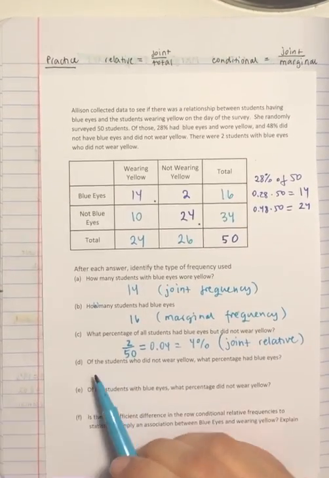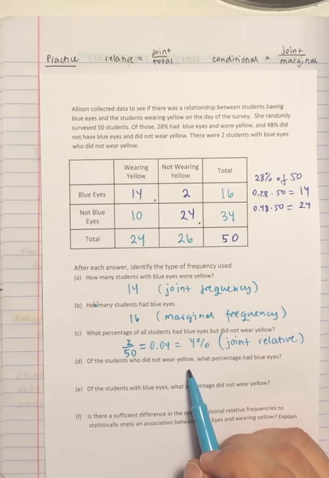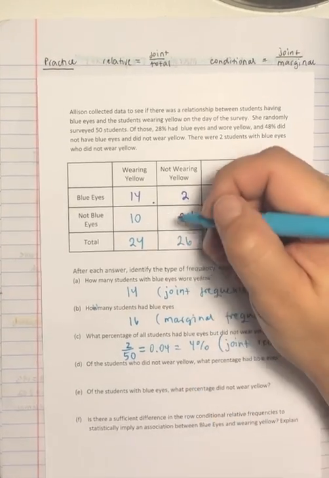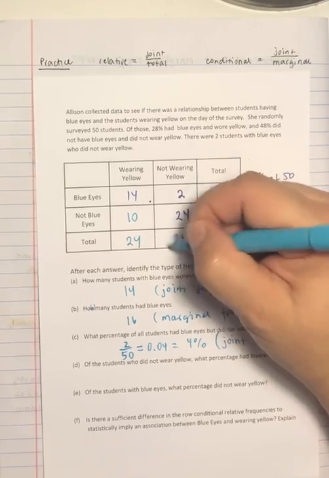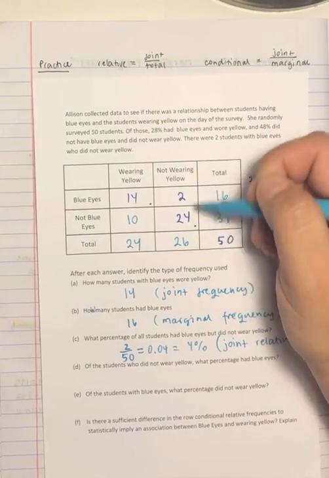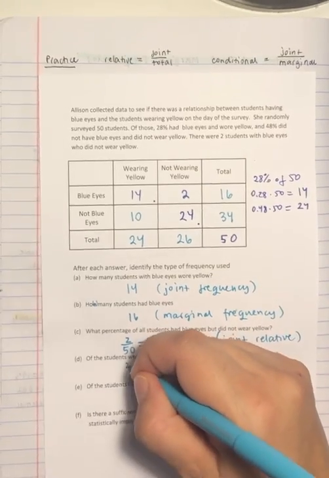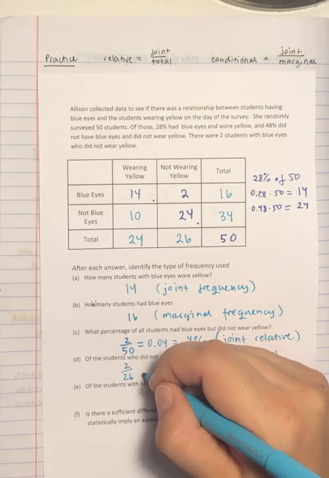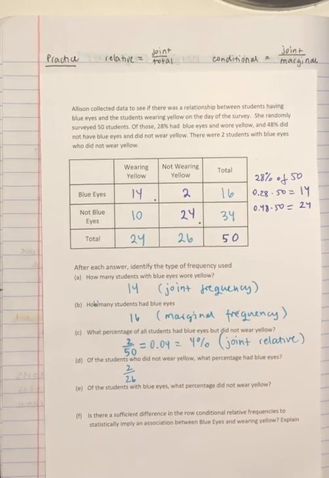Of the students who did not wear yellow, so we're only looking at the students that didn't wear yellow, only at this column right here, what percentage had blue eyes? In this column, we had 2 students out of 26 total that had blue eyes.